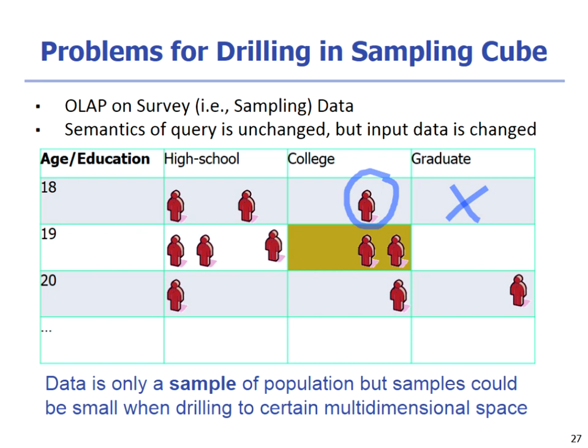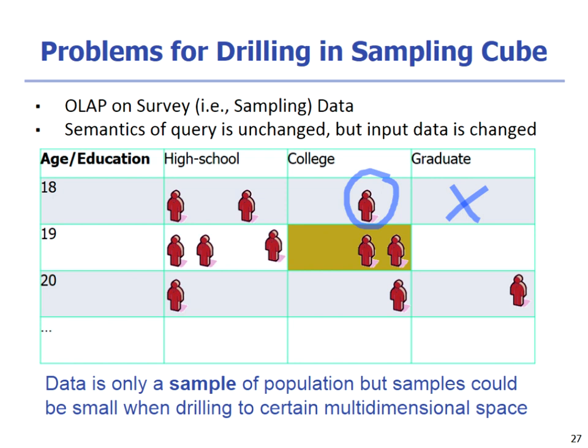For example, in statistics, we can calculate the confidence interval, and this confidence interval tells us how reliable a result is. But when we perform OLAP on this survey, we can find a problem like this. Is it clear?